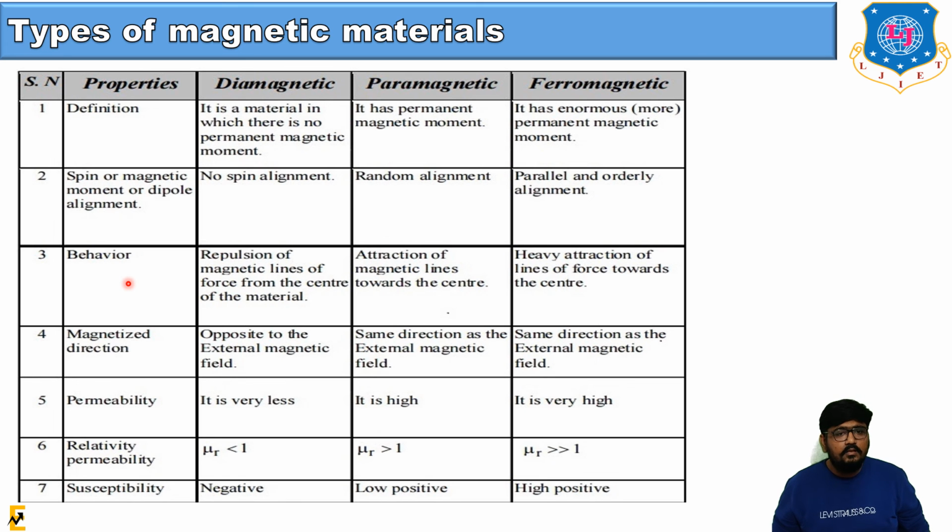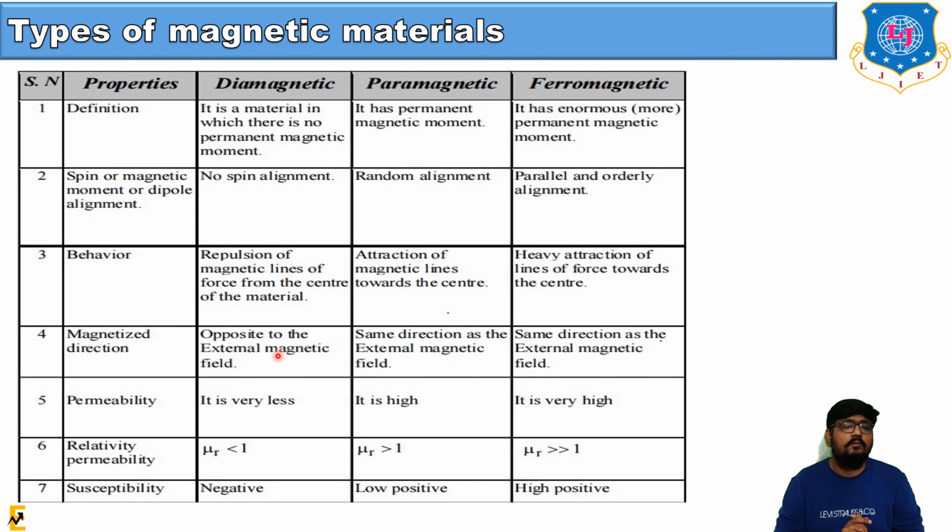So let us talk about the behavior. The repulsion of magnetic lines of force from the center of the material: as we all know, diamagnetic material does not allow magnetic field lines to pass through it. It repels them. In the case of paramagnetic and ferromagnetic material there is an attraction. In a paramagnetic material there is a little attraction, but in a ferromagnetic material there is a drastic, heavy attraction of lines towards the center.